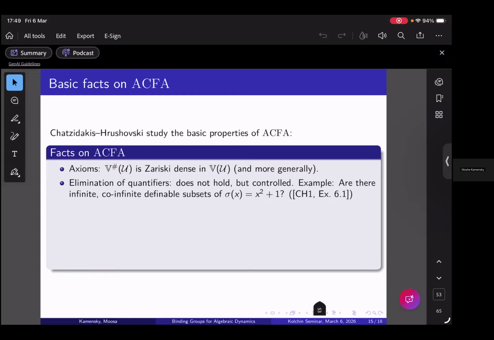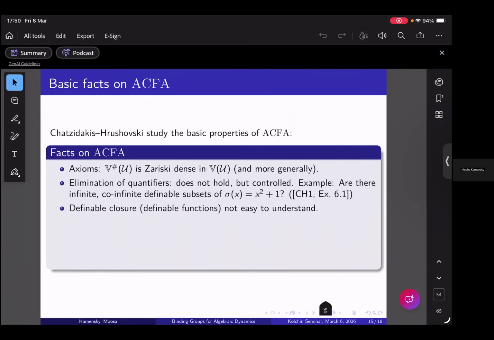So again, this example: you look at the formula sigma of x is equal to x squared plus 1, and you ask, is there a formula that defines a subset which is both infinite and co-infinite? Okay, so not as a Zariski constructible subset. And the answer is that there isn't, but it requires work.